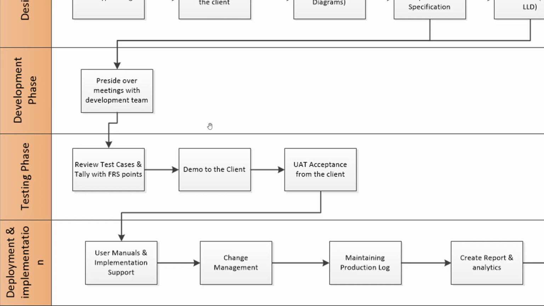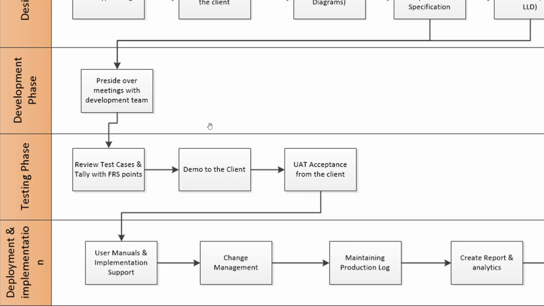So the change management happens. You can go for a change request if it is beyond a certain threshold of the development task, or if it is within that threshold, then you can take it in the maintenance phase.